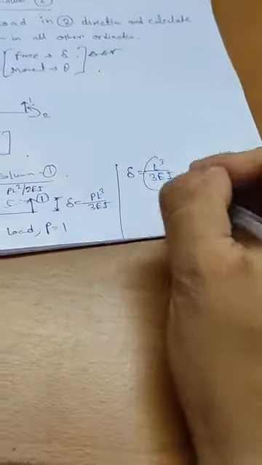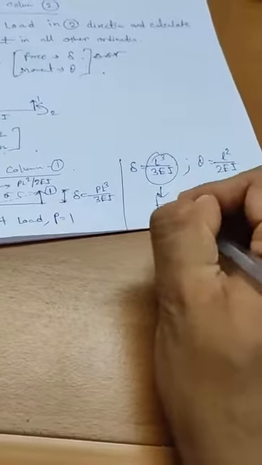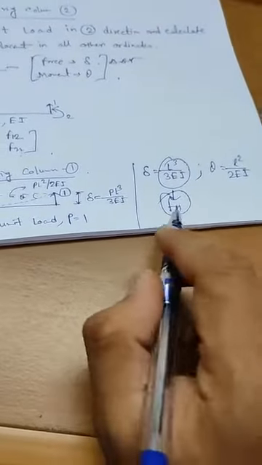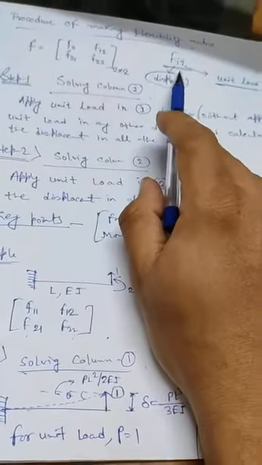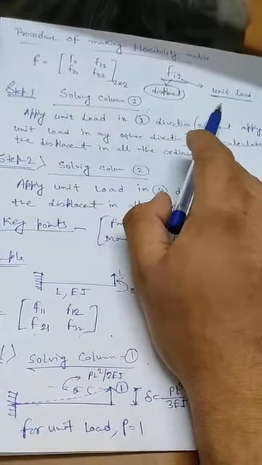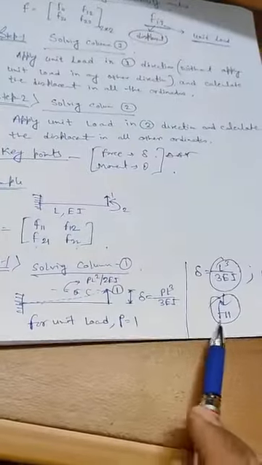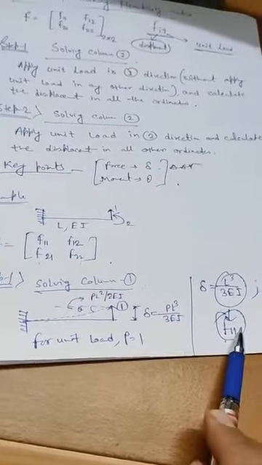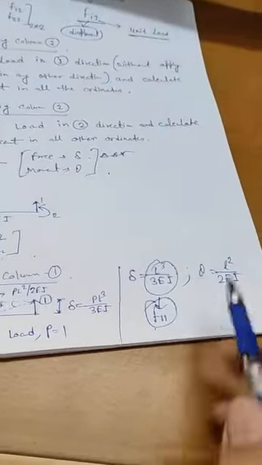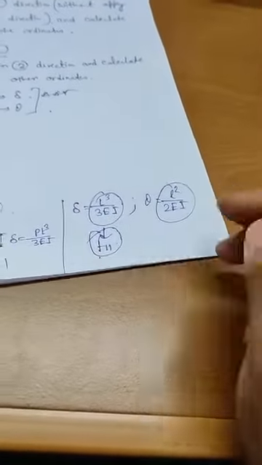So this part is your F11, because F11 is displacement at point 1 for loading at point 1. And what is your theta value? That is L square by 2EI.